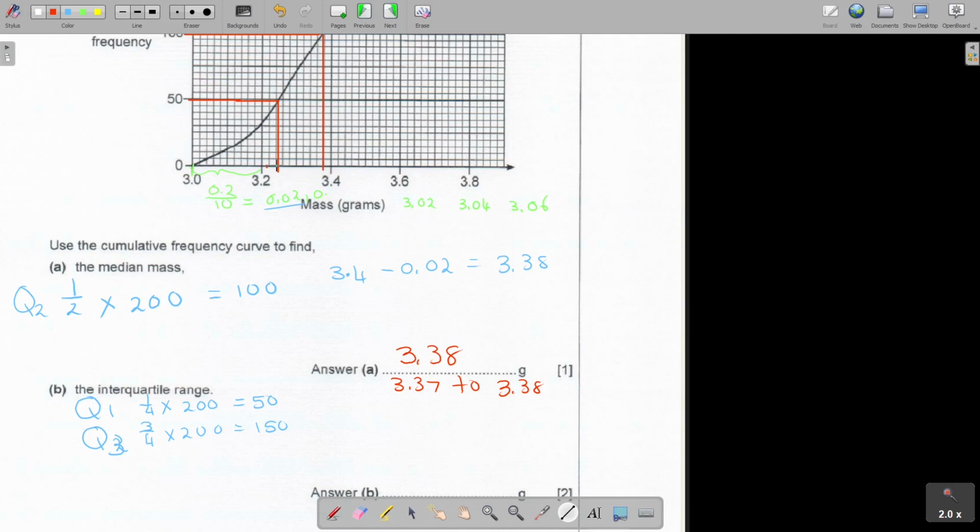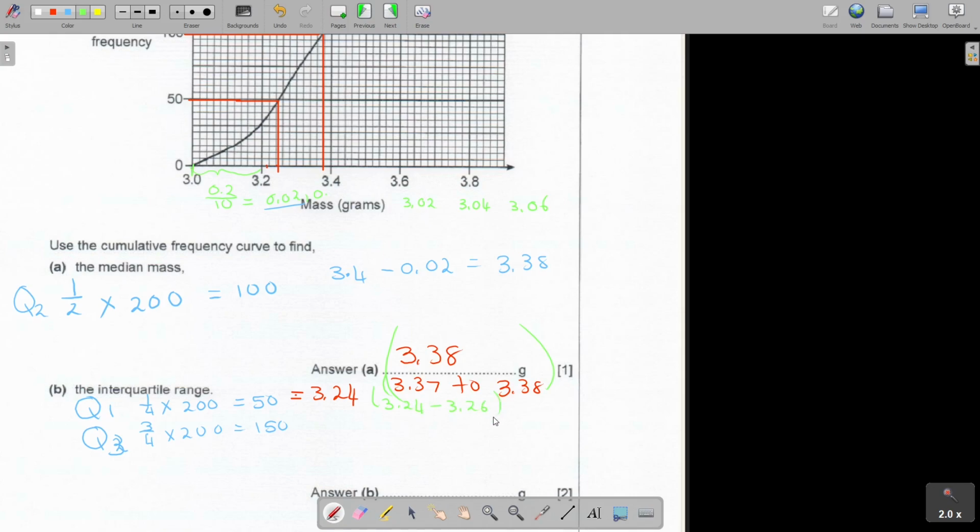So this is my answer, 3.24. I'm just going to put this in brackets so that you don't get confused. They accept if you wrote 3.24 to 3.26, if you read it down.